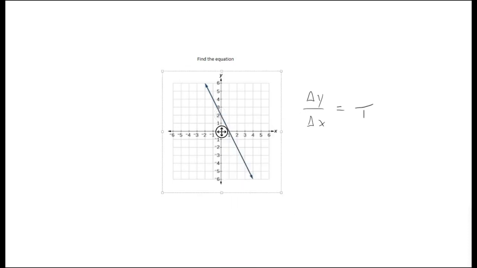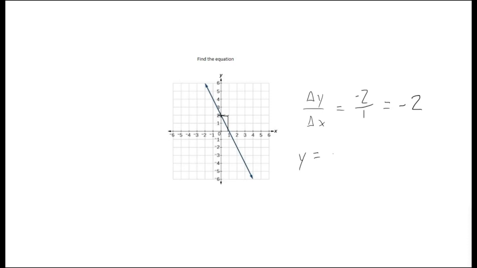Going from x equal to 0 to x equal to 1, y changes from positive 2 to 0, which is a change of negative 2. And so we know that the slope will be negative 2.